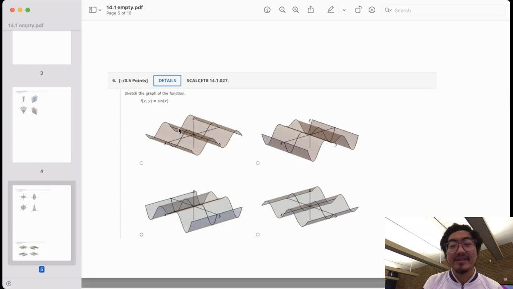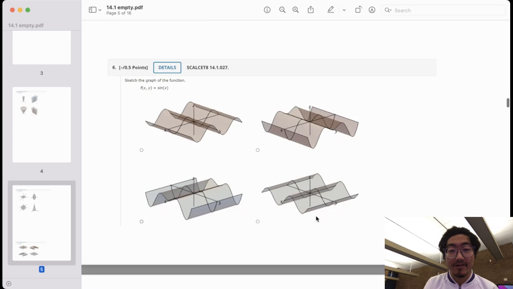This is a sine cylinder, so it's either this one or this one. Its asymptote is 1, period is 1, so there's no smaller or bigger curve, so it's either top left or bottom right.